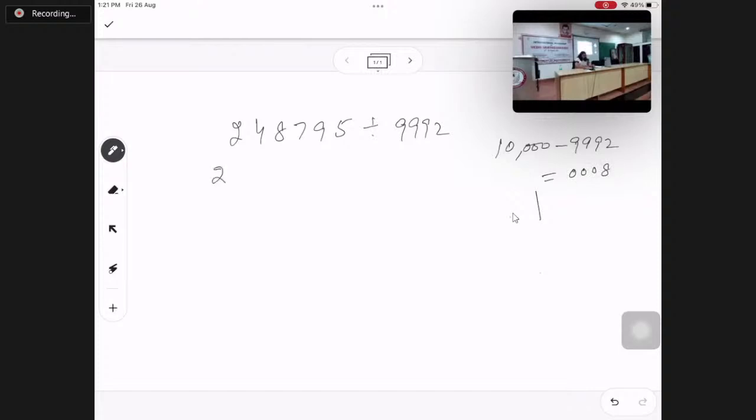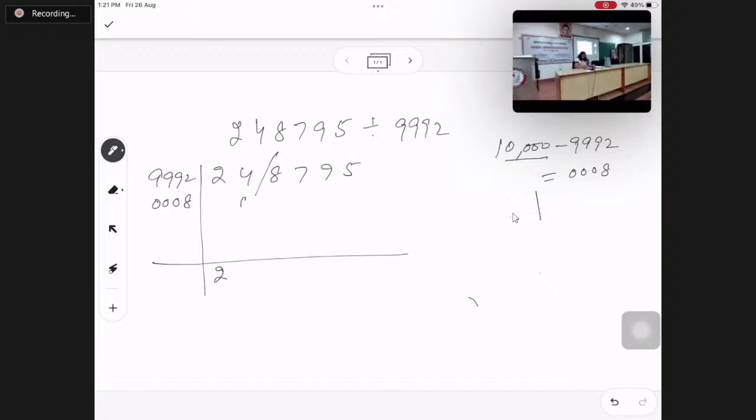So we have 248795 divided by 9992 and modified divisor is 0008. So it has 4 digits. So we put a slash here for the remainder. First number as it is, this is 2.